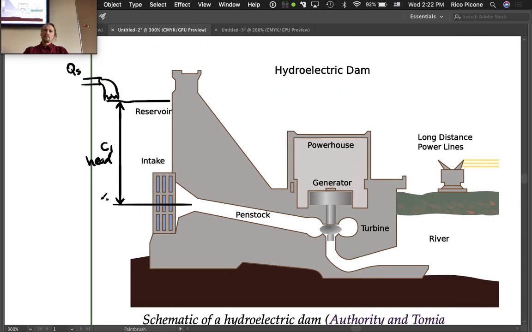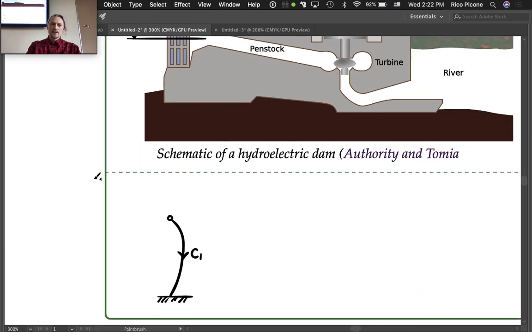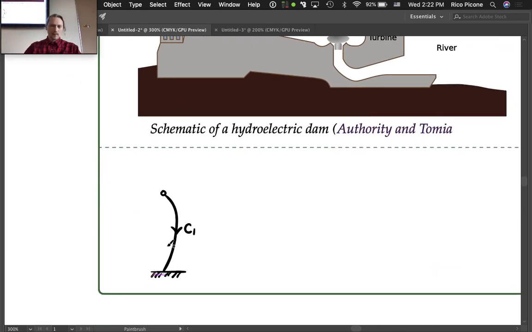That's going to be the big fluid capacitor of the reservoir. And we also have this flow source that's feeding it, right? QS. So QS is going to flow in.